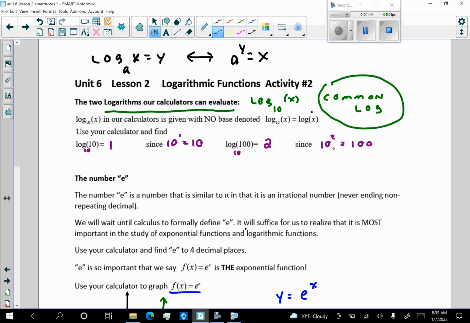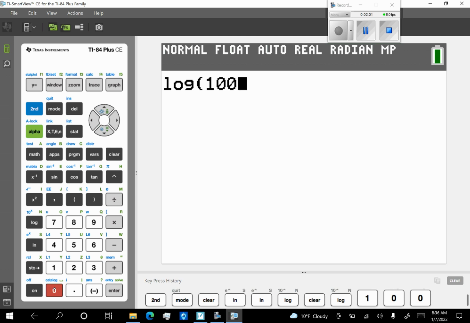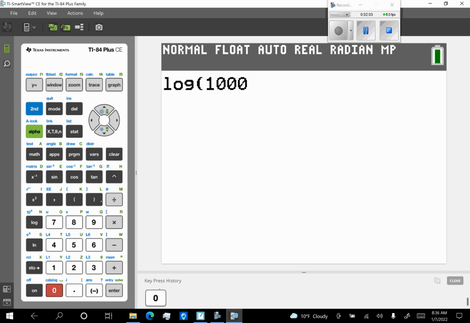I'm going to switch over to the graphing calculator and let you see where this log base 10 is. If I come to my home screen, that log is going to be down here. Let's clear that out. If I push that button and put 1,000 in, log base 10 of 1,000 is going to be 3. Why? Because 10 cubed is 1,000.